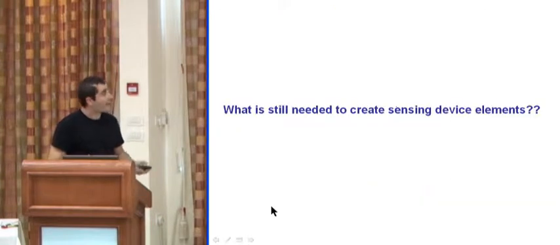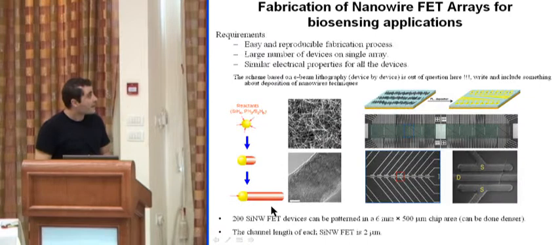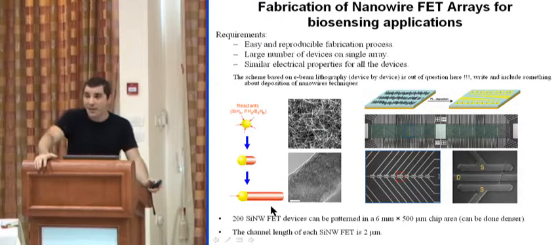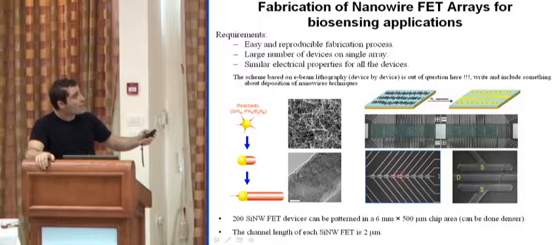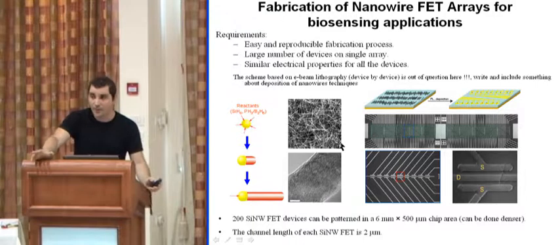But I ask the question, what do we still need to create reproducible silicon nanowire devices? We need a process that is easy, the number of steps is small, and that we can get a large number of devices with very similar electrical characteristics in a very small number of steps. So after growing the nanowires, we remove the nanowires, put them in solution, and choose particular techniques to deposit the nanowires.